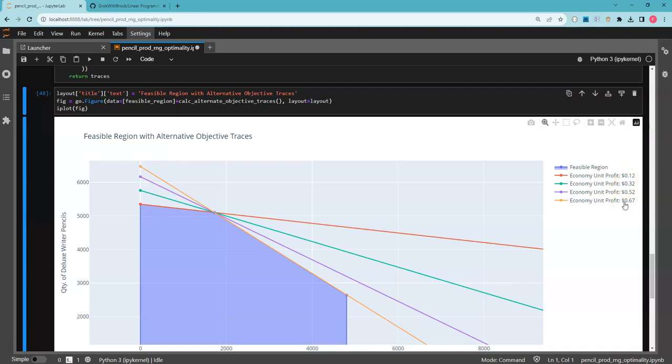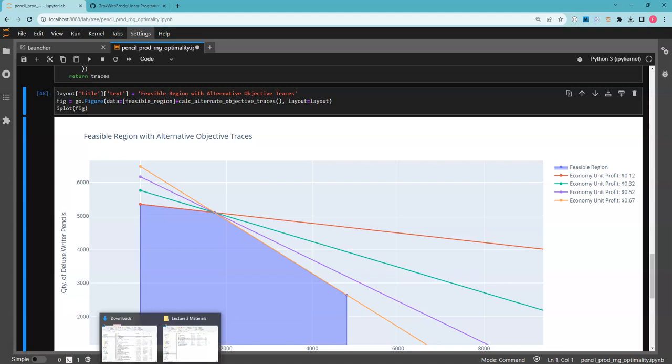It was actually 0.672 when we worked it out, but we just put 67 here, and a couple values in between here. And one of the things you can see is at the low end and the high end, basically we end up with this case where you have alternate optimal solutions where the objective function line is running parallel to either one of the constraint boundary lines here. And so hopefully that helps you to visualize and think about what the range of optimality is actually looking like.